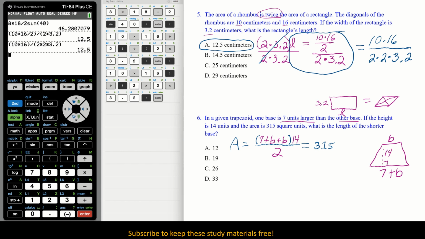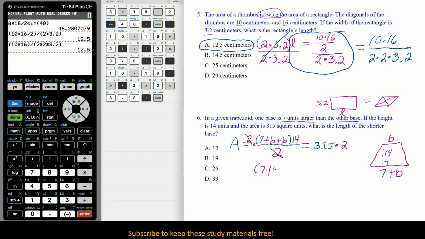Okay, so what do we have now? Before we do any rewriting, let's get rid of this 2. So let's say times 2 on both sides. Cancel, cancel. Now we can rewrite. What we really have, to be honest, is 7 times 14.